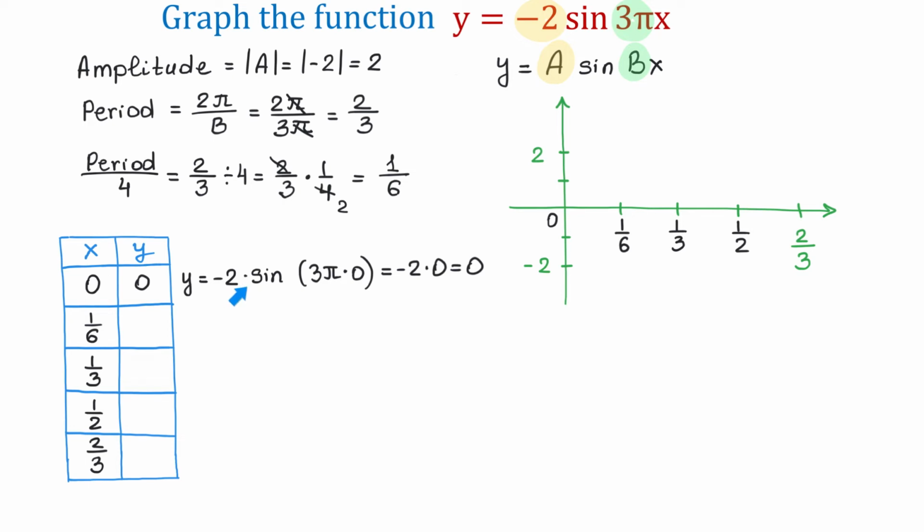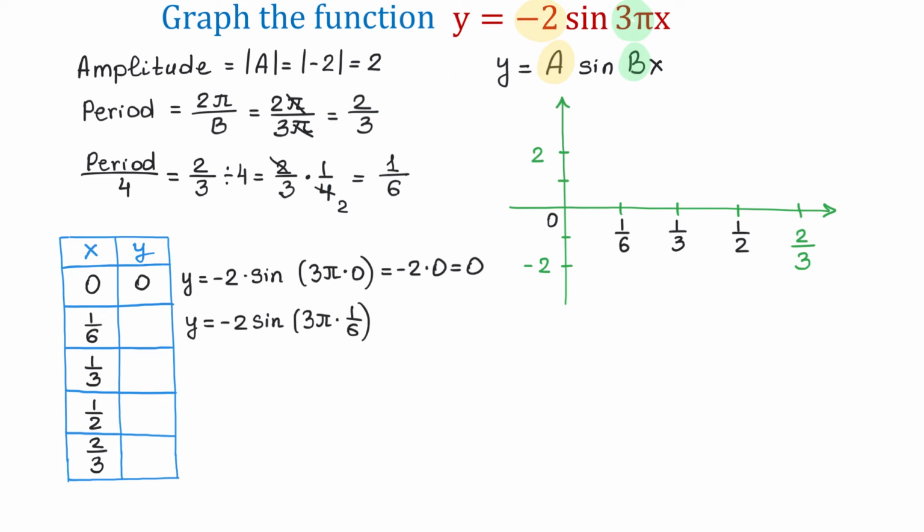For the calculations we have to do here, we can use a calculator, and it has to be in radian mode, or we can use the unit circle. Now let's continue with the second row. Y equals -2 sine of 3 pi, and now we will replace x with 1/6.